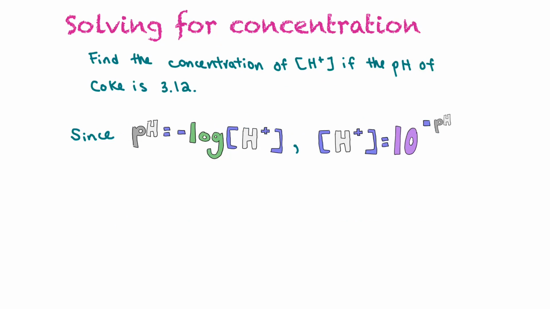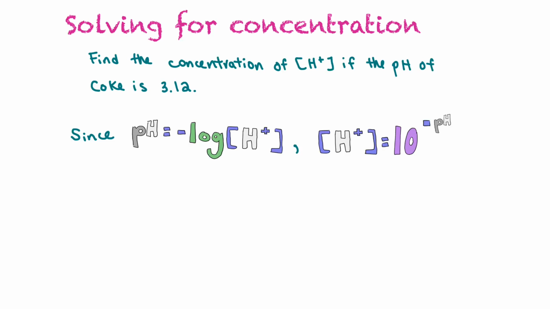So we can manipulate that relationship because we know that pH is negative log the concentration of hydrogen ions. To find the concentration of hydrogen, that's equal to 10 to the power of the negative pH. So in this example, we're to find the concentration of hydrogen ions if the pH of Coke is 3.12.